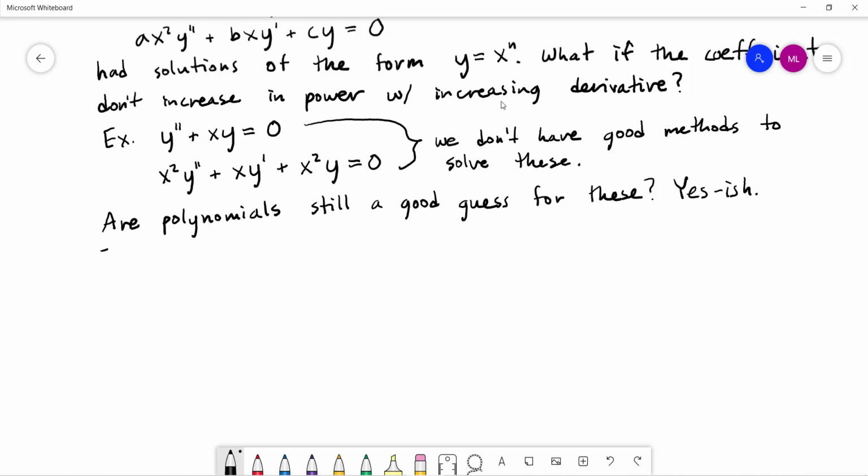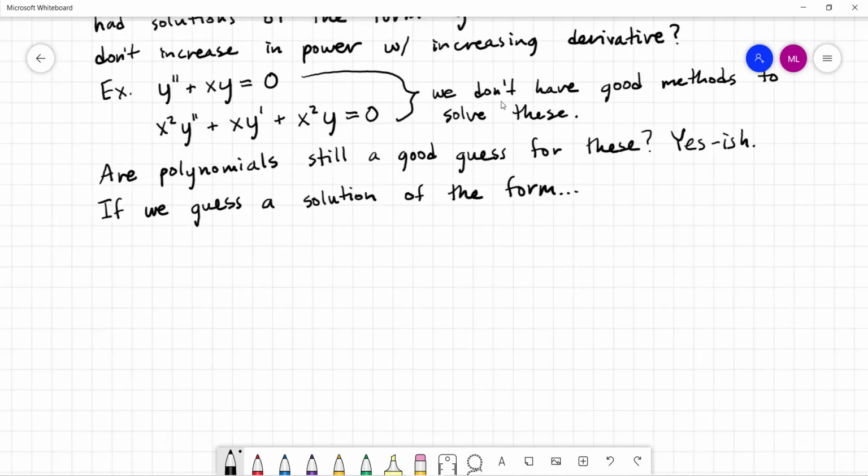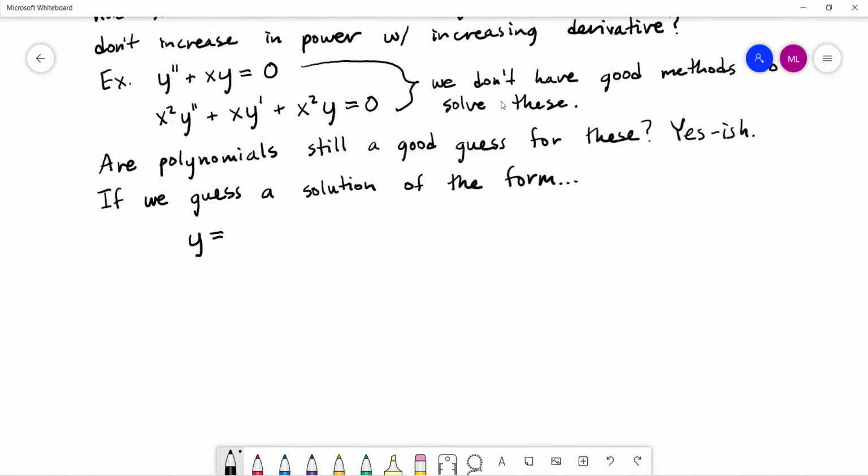So if we guess a solution of the form, and this is going to be important, y equals the sum from n equals 0 up to infinity of some coefficient, Cn, times x to the n.